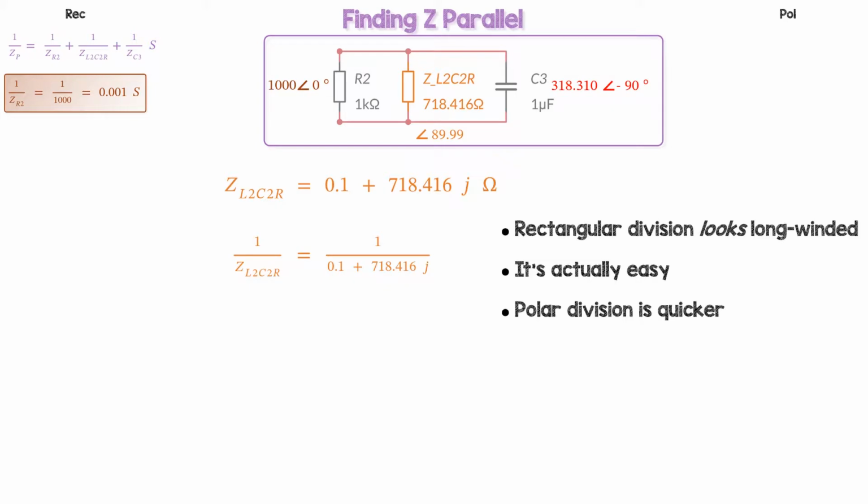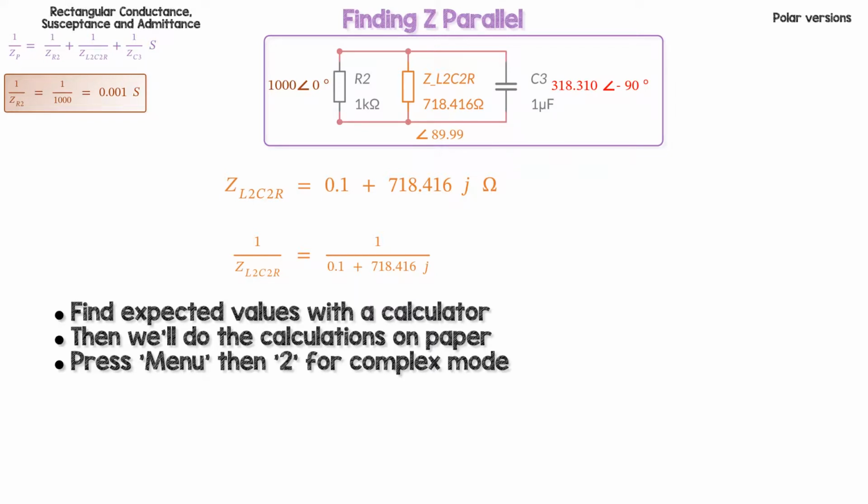Rectangular division looks long-winded. It's actually easy, but polar division is quicker. I'm going to do it in rectangular form first, just to show you how to do it. We'll find the expected values with a calculator, and then we'll do it on paper to check our answers.